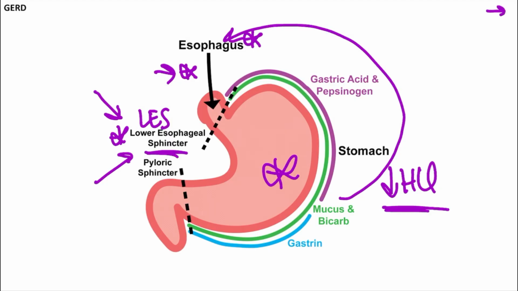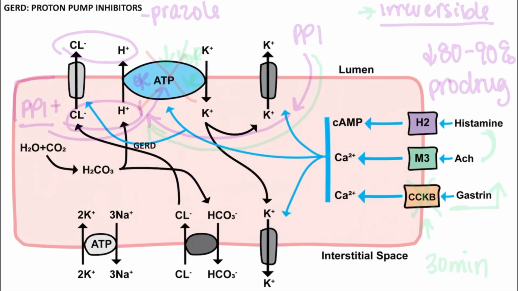So moving to the next slide. As I've alluded to, the primary strategy employed for GERD treatment is the reduction of gastric acid. And the class of agents that are used first line are the proton pump inhibitors, or the PPIs. And these are things like omeprazole, which is also Prilosec, pantoprazole, which is Protonix, and several others.